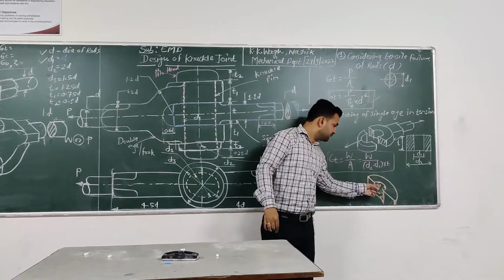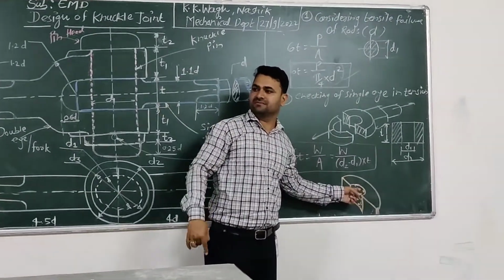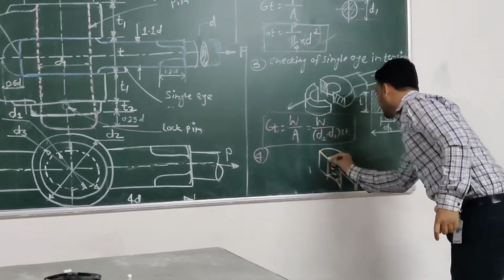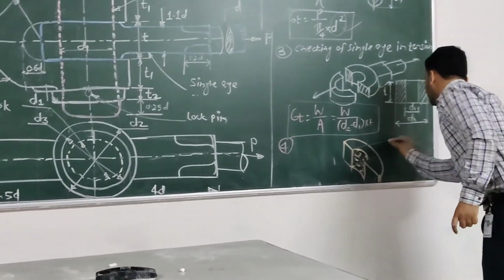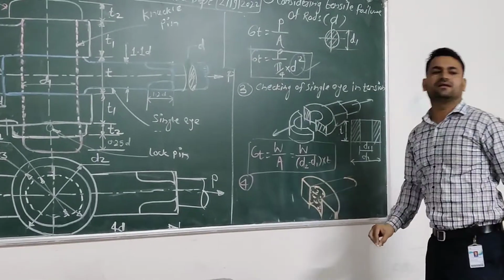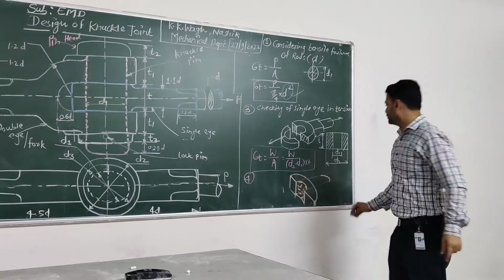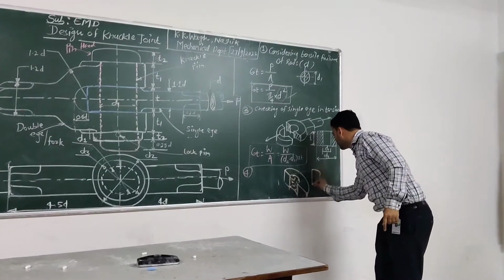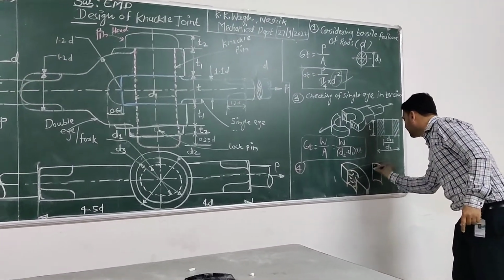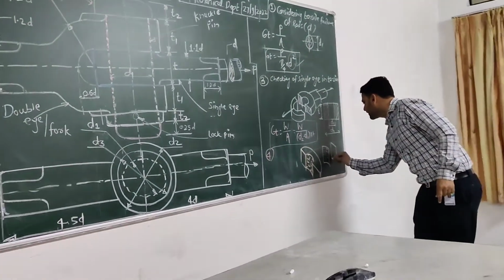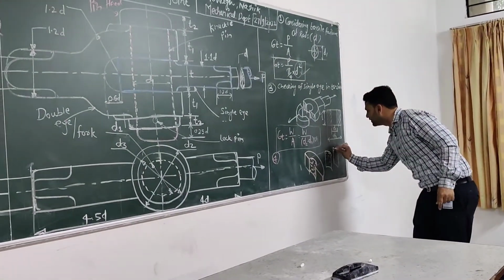And this portion is in contact with the knuckle. Technically, this area is known as the projected area. So this failure area is known as the projected area. Seeing from the front view, this will be the area.